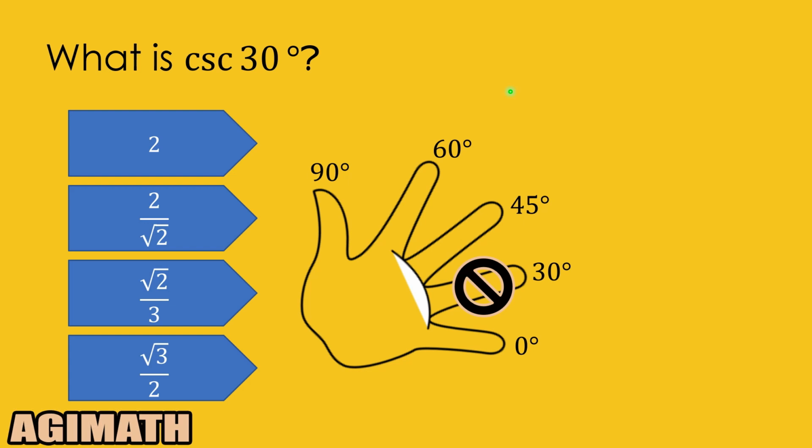So this will be the problem that will tell us how useful knowing the reciprocal of each function is. Recall that the reciprocal of sine is cosecant, meaning cosecant theta is equal to 1 over sine theta.